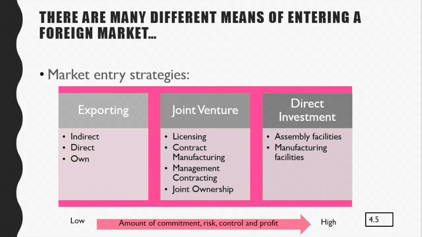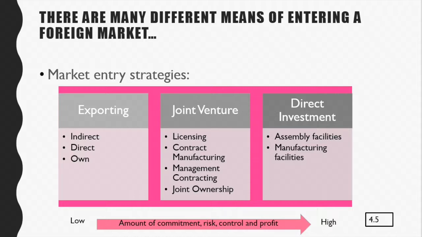And exporting and direct investment, here you do a lot of the work on your own, especially in own export. And if you have, for example, some type of direct investments, of course, it can also be based upon contracts and based upon cooperation sometimes.